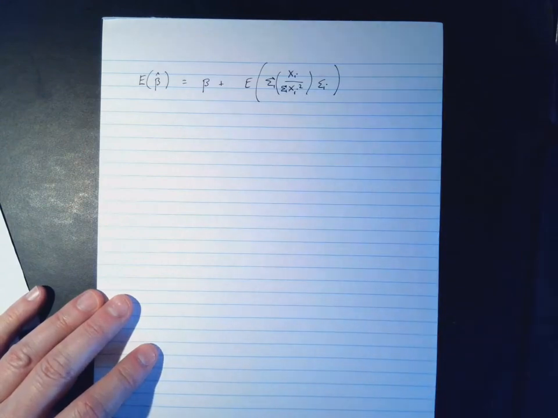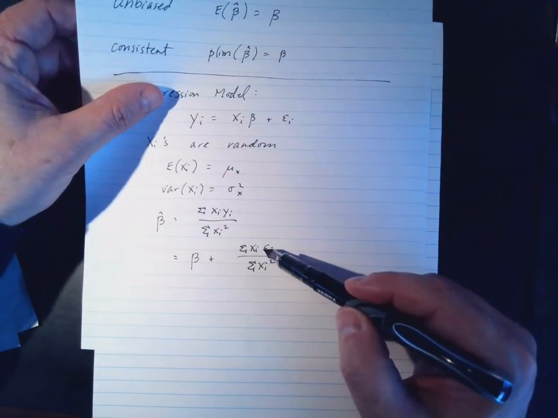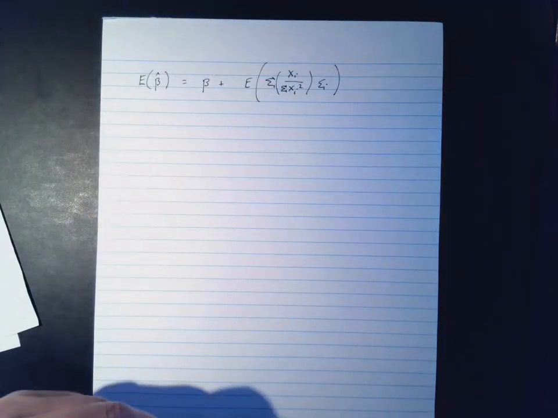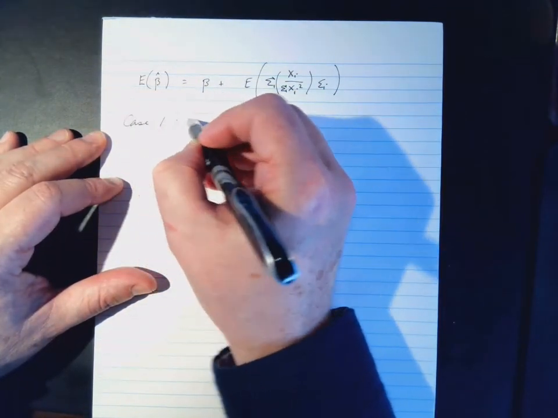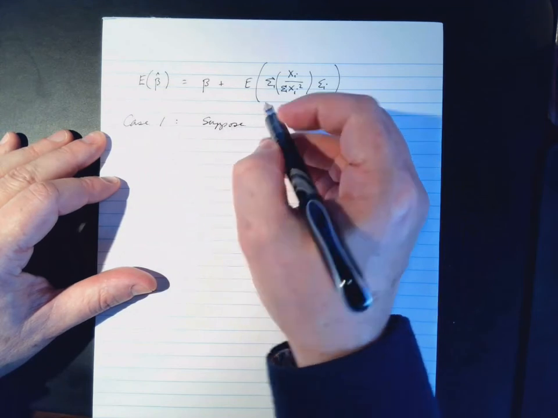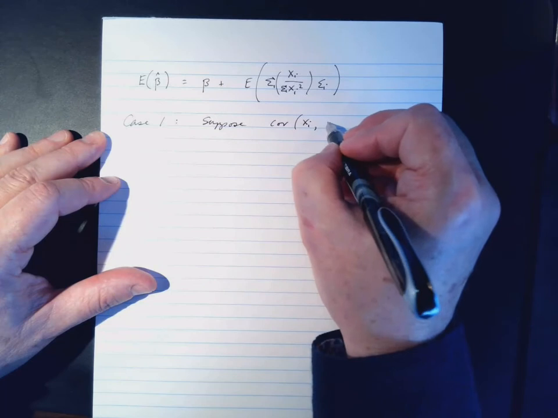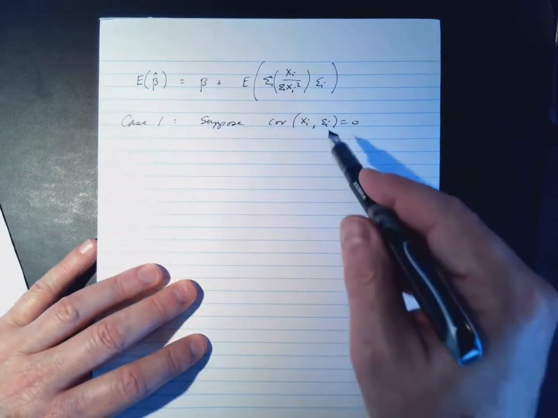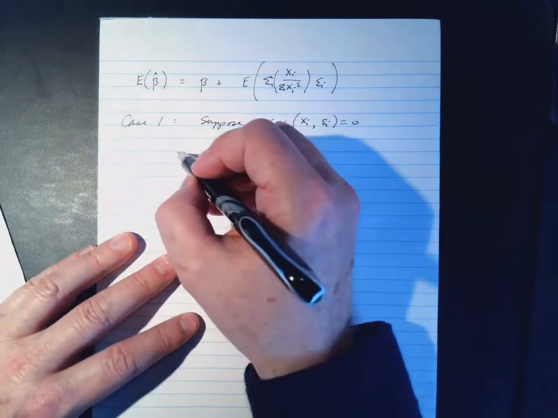So this expression here is equivalent to that expression there. Now, let's look at a simple case first of all. Suppose that the covariance of x and epsilon is 0. So x is random, but it's uncorrelated with the error term in the model.